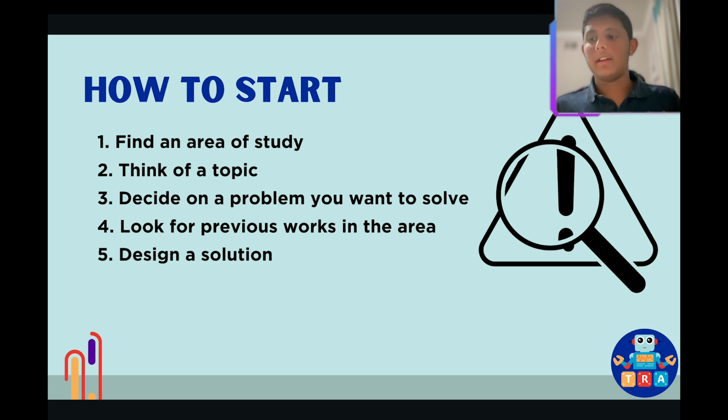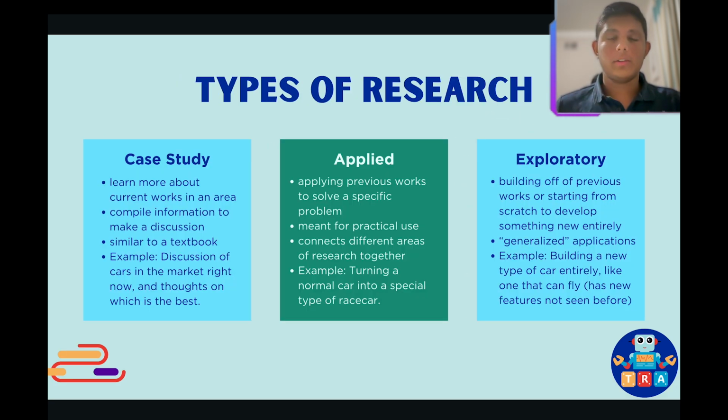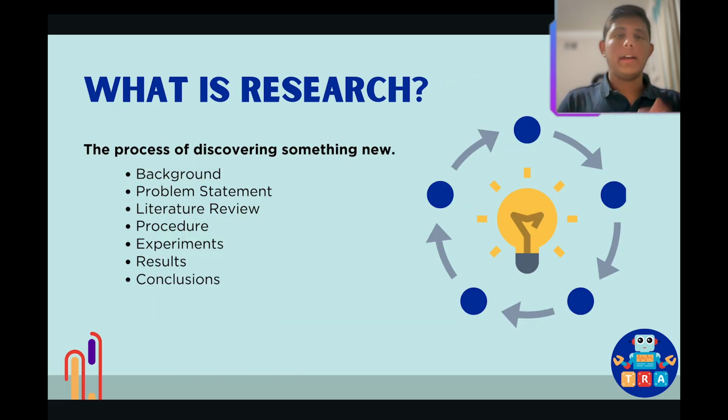And after that, you can take all those experiments and results and compress them and all that knowledge you learned into a research paper or a presentation that you give following this: background, what you have to know about this area before I start talking, what am I solving, previous works in the area, what my procedure is, how I did it, and then results and your conclusions about the area.